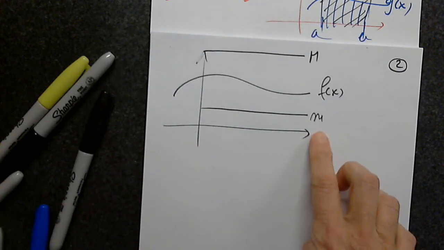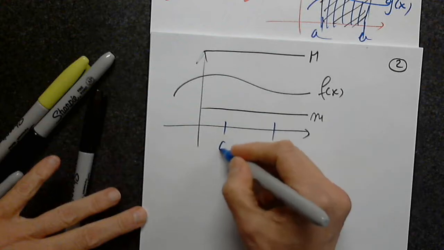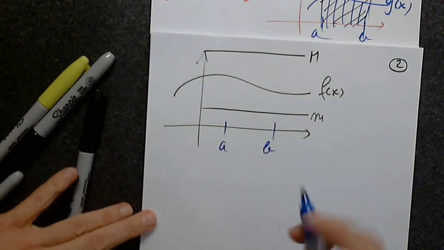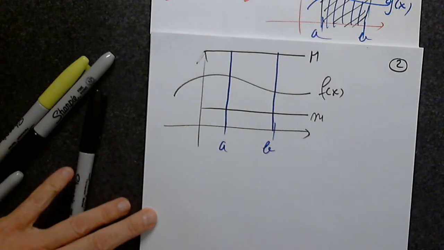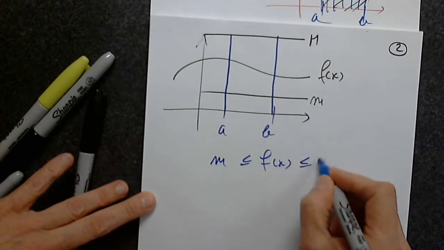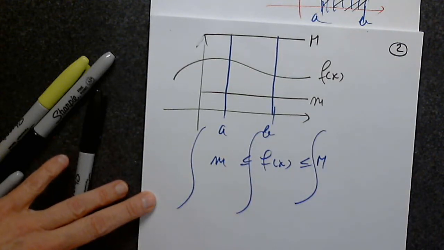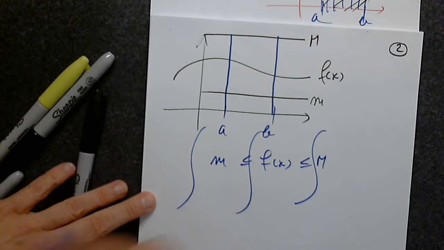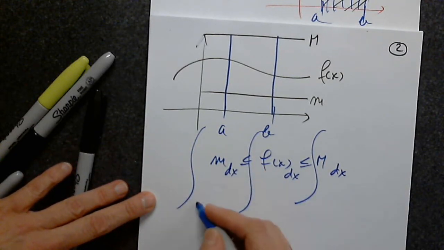The lower number is denoted by lowercase m, and the upper number is denoted by uppercase M, on the interval a and b. So let's suppose we have this situation. Obviously, if I write that f of x is between m and M, the integral will follow, based on the previous property, the same rule, right? From a to b.